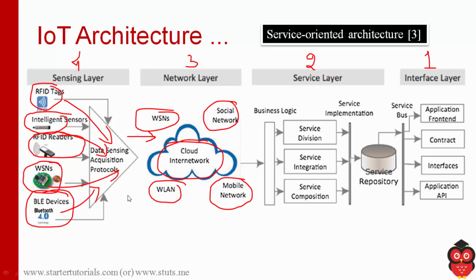So through these things, the data transmitted by the sensing layer will reach the service layer, where you have business logic. Business logic is the code, okay, you write for your application. That is the business logic.